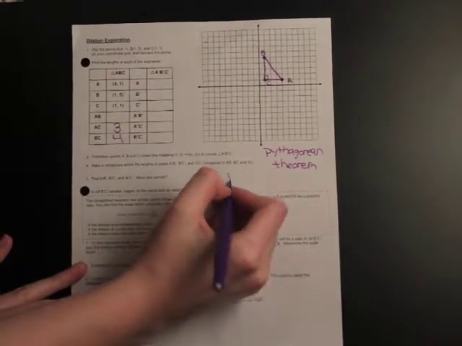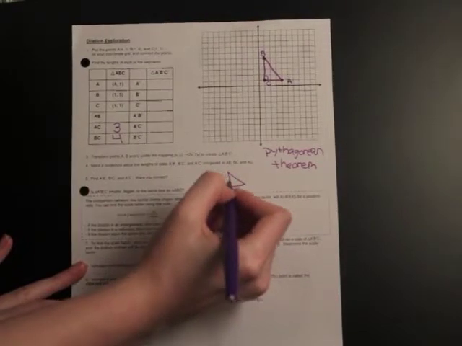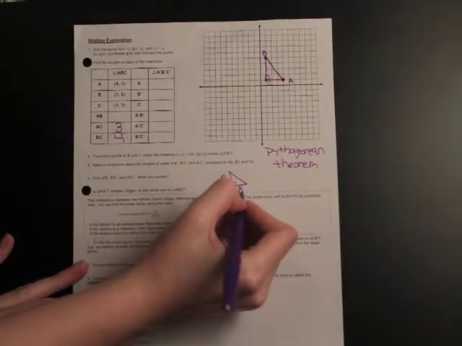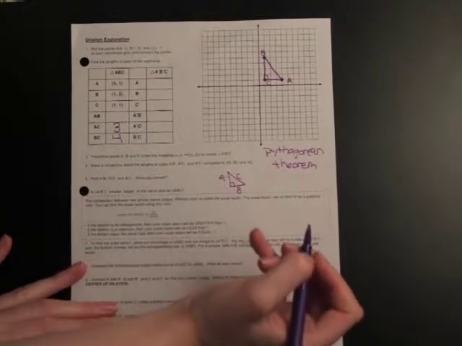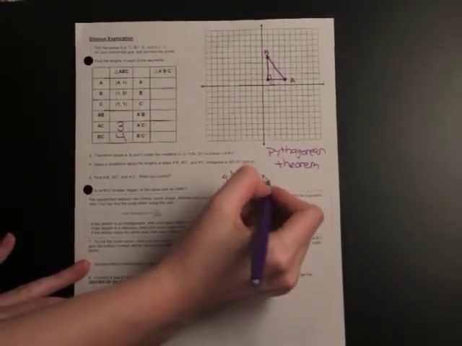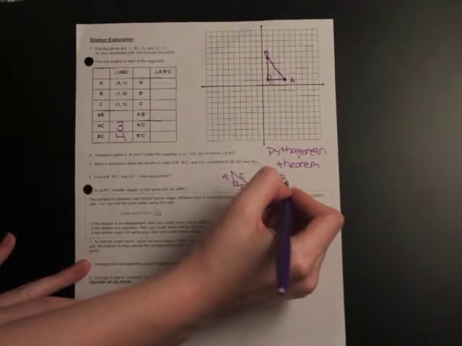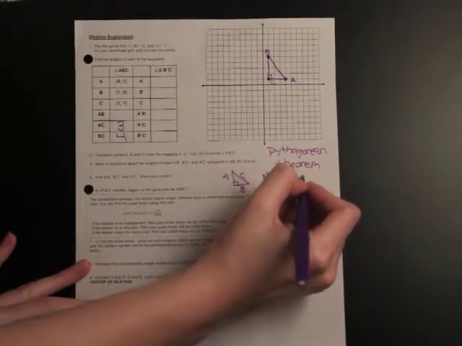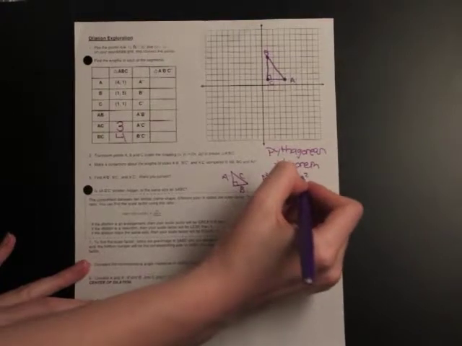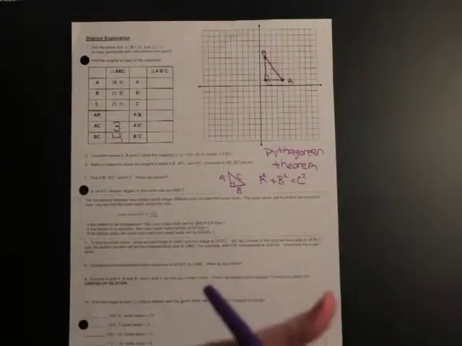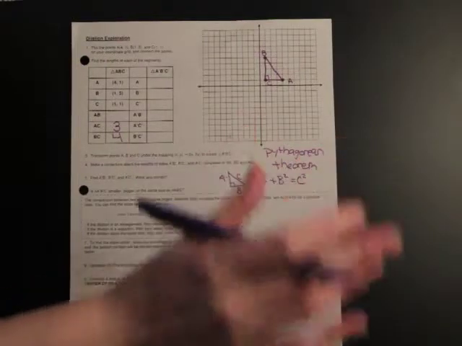And all that says is for a right triangle with sides A, B, and C, it says that A squared plus B squared equals C squared.